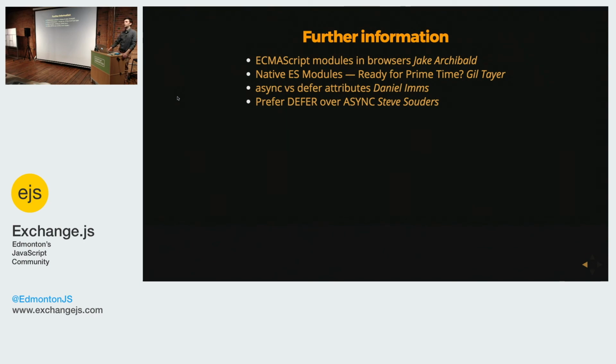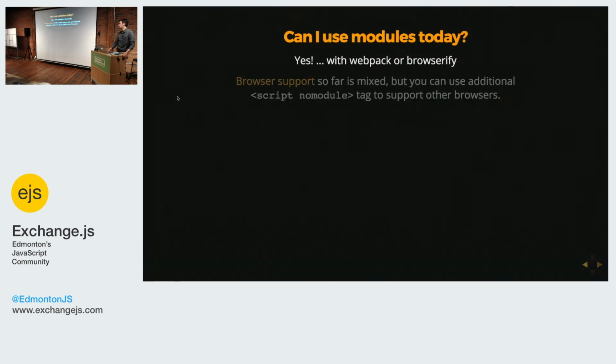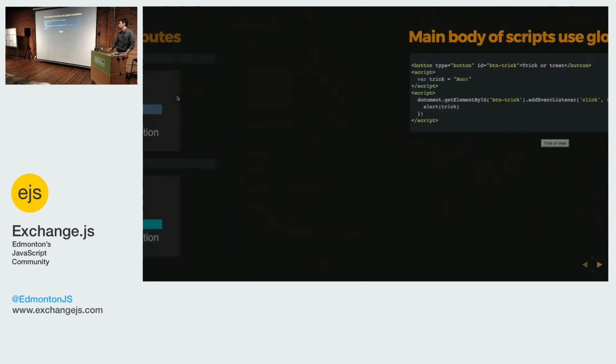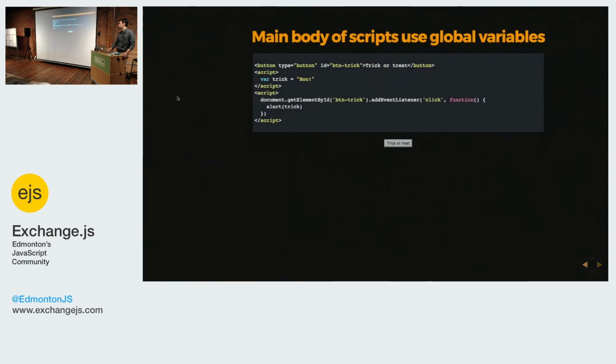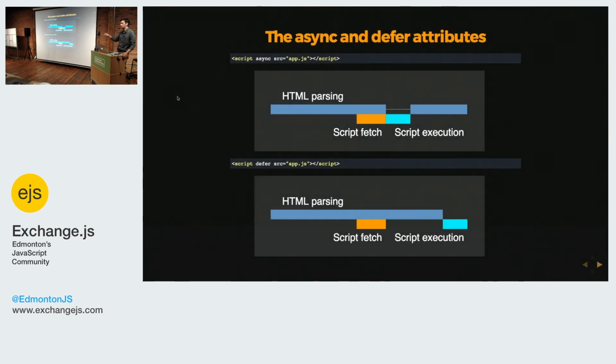Any questions? Roberto: Is there a rule if you're putting the script at the top or the bottom? Do you use defer or async? Well, it doesn't really matter. If you use defer, you can pretty much put it anywhere and it will still be executed at the very end. In a way, it's actually preferable to put it at the top, because then you don't have to wait for the network.